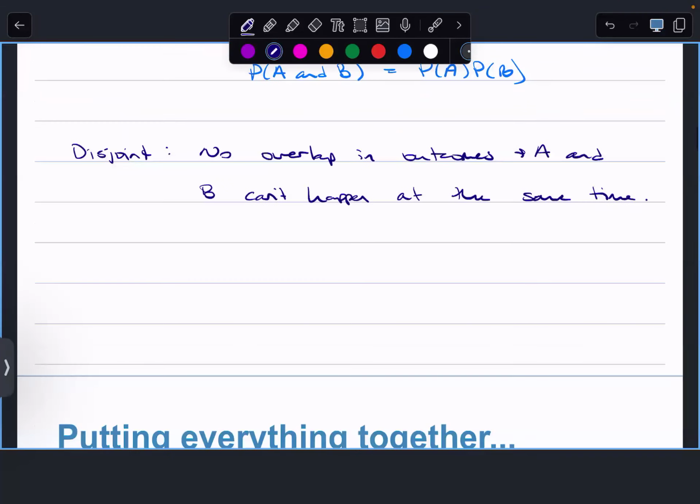What does that look like? It means the probability of A and B is 0. Whereas independence, right? If A is independent of B, then knowing that B happened has no effect on the probability that A happened, right?